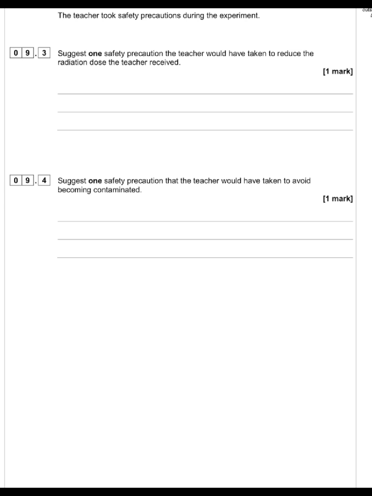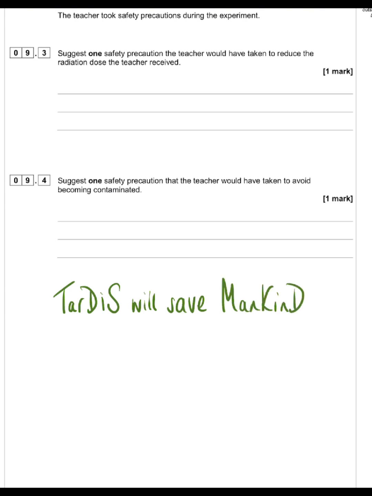Okay, the teacher took safety precautions during the experiment. Suggest one safety precaution the teacher would have taken to reduce the radiation dose the teacher received. So this is where I want to introduce you to the TARDIS will save mankind. And this little phrase, silly though it is, will help you remember how you can protect yourself from radiation and how radiation can be dangerous.